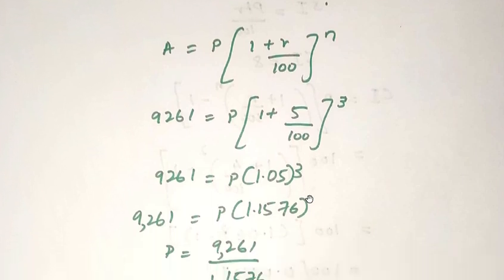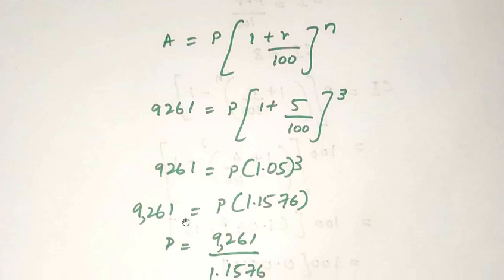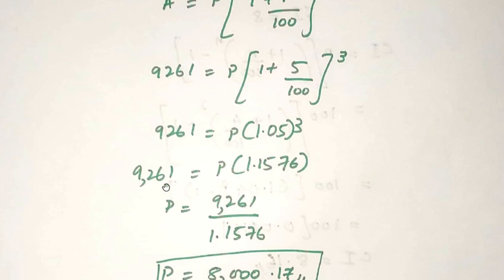So when you put that in your formula, amount is equal to principal into (1 plus r divided by 100) to the power of n. So when you substitute the values, you get 9,261 is equal to P into 1.05 to the power of 3. So 9,261 is equal to P into 1.1576.